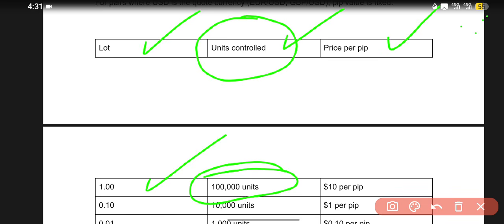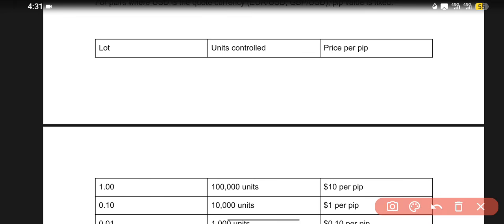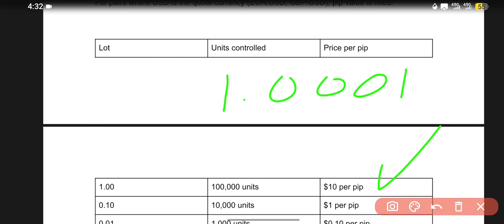That is what it means. And with that, for every pip movement, every small 0.0001 movement, you'll be making $10. That is if you are using a standard lot.